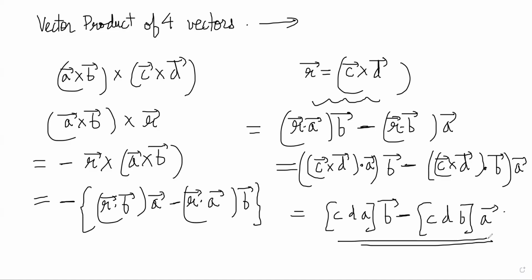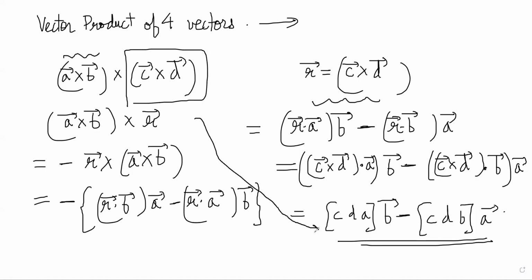Also, by the way, if you had taken A cross B as your R vector, you would get a different form for it. So think about it. Right now we chose C cross D as our R vector, and we got the vector product in this form, right?